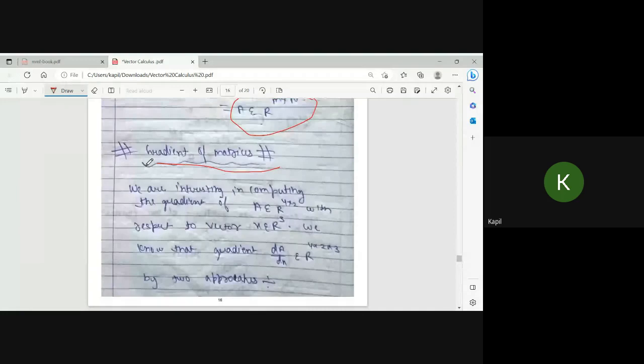How to find the gradient of this matrix? There are two approaches available to find the gradient of matrices. The first approach is collating the partial derivatives into a Jacobian tensor. First of all, let us consider this matrix of 4 into 2, in which there are 4 rows and 2 columns, and the second one is the x vector, which is 3-dimensional with 3 rows and 1 column.